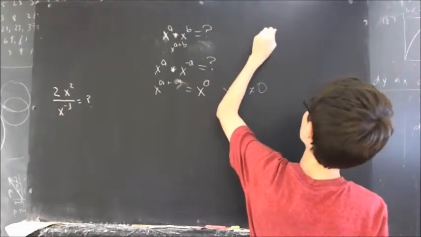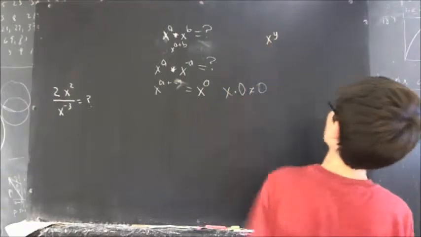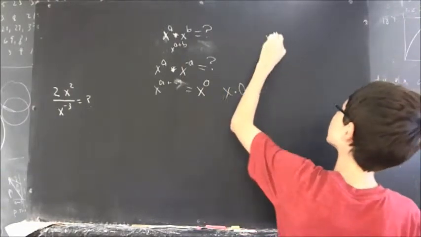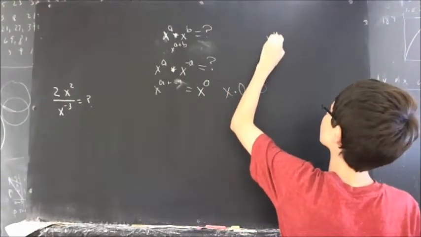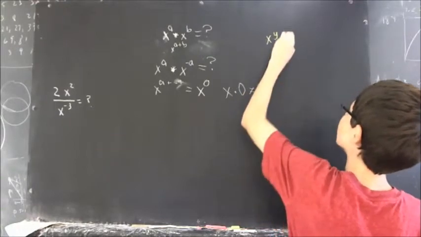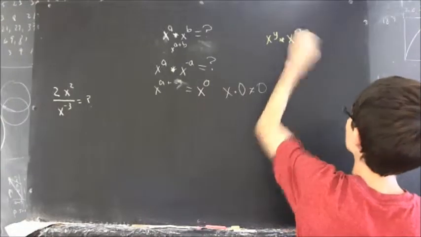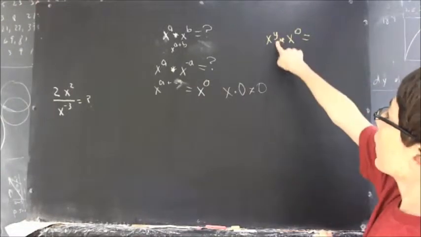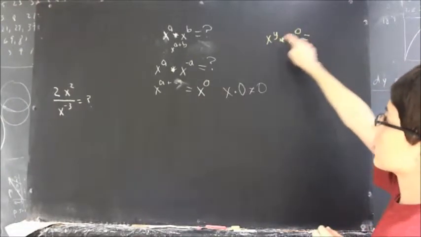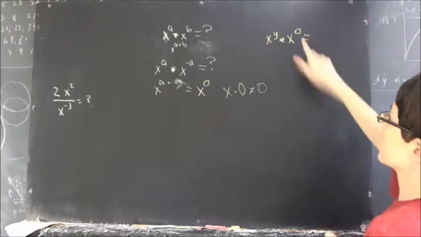x to the power, let's say y, times x to the 0 equals, now if you think about it, you would add y plus 0, because it's x to the y times x to the 0.